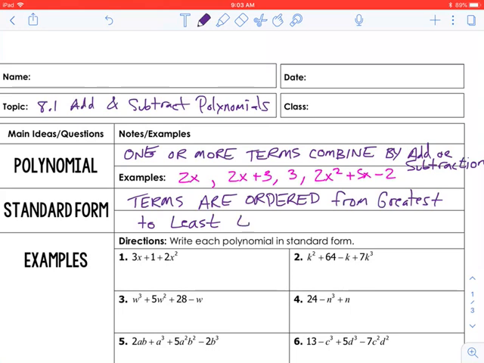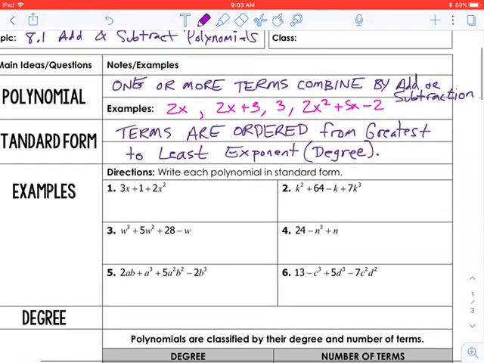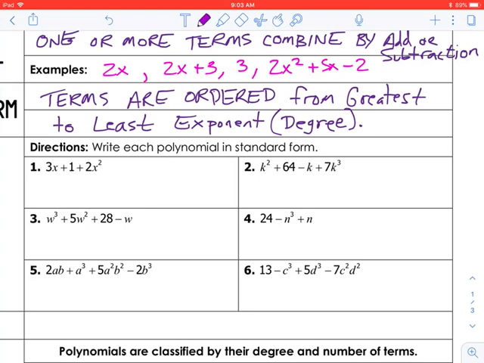Greatest to least exponent. Or what we'll kind of figure out is that's called degree. The exponent is the degree of each term. Okay? So, when we look at these, it says write each polynomial in standard form.